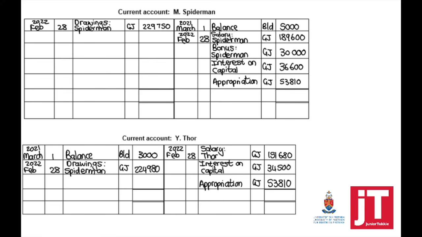Once we have indicated what the primary distributions of profits are for each partner, and what they have actually taken from the business, we can calculate our end balances. If we start with Spider-Man, you can clearly see that the credit side is more than the debit side. So if we add the credit side and subtract the debit side, this partner has a balance brought down of 85,260 on the credit side.